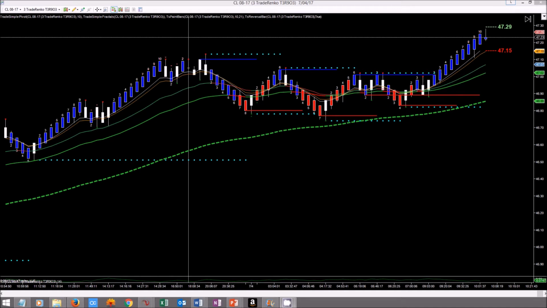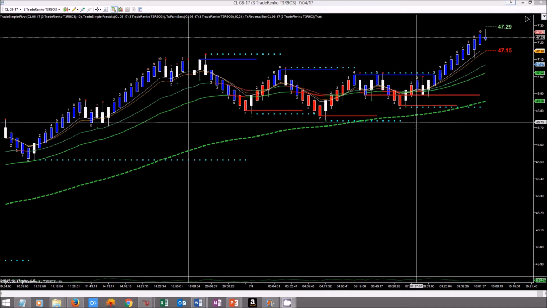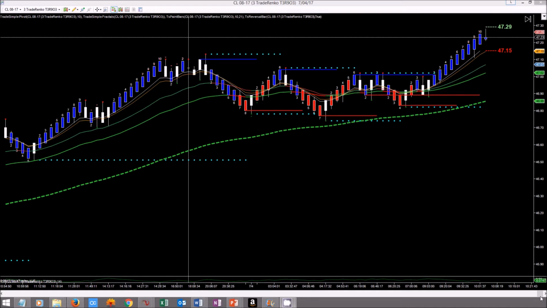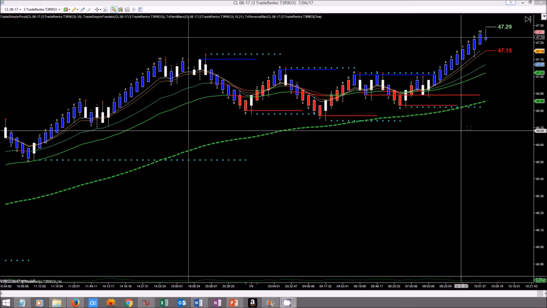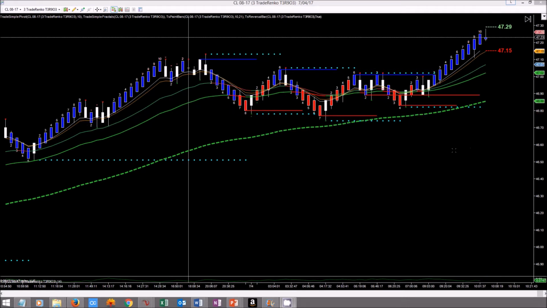Now I'm going to compare a crude oil chart using regular candlesticks and Trade Renko charts. Now this on the top is our Trade Renko system, and the bottom is the regular candlestick chart using a 5-minute time frame.